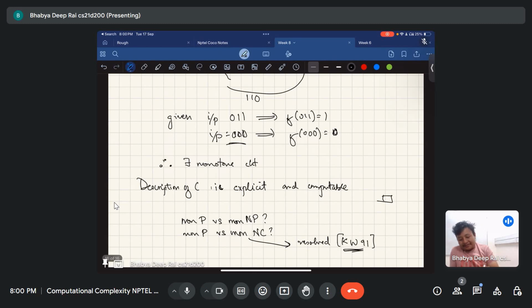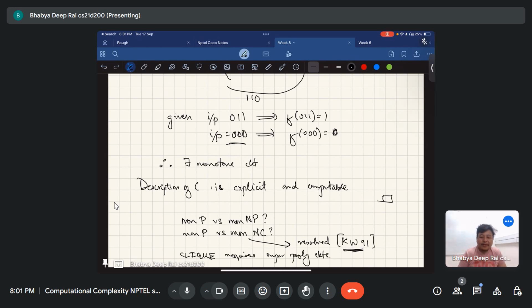Finally, Razborov showed that clique, which is a monotone function, requires a super polynomial circuit. And this resolves the question about monotone.